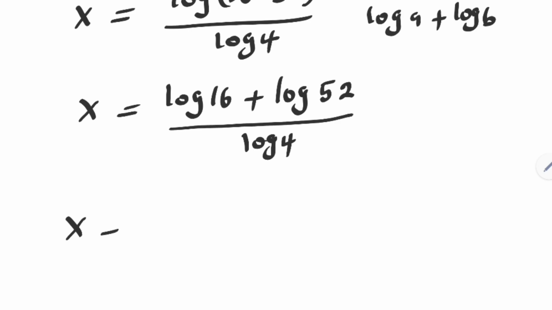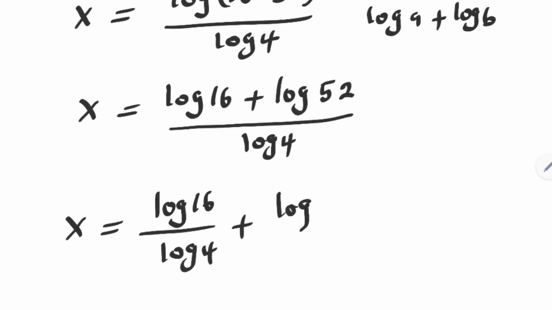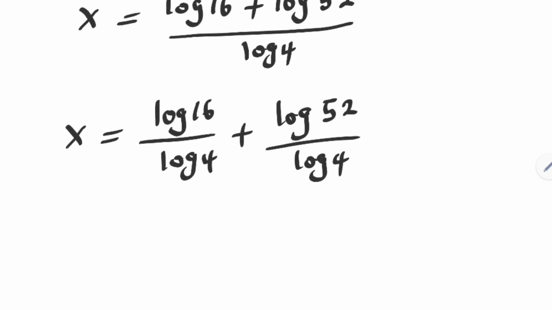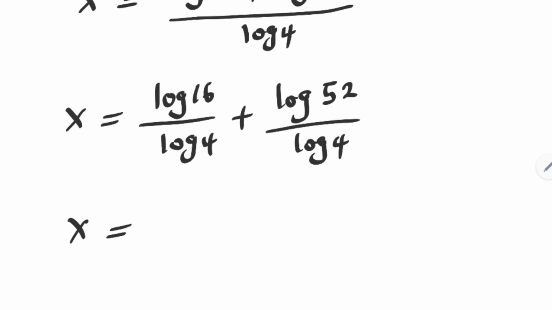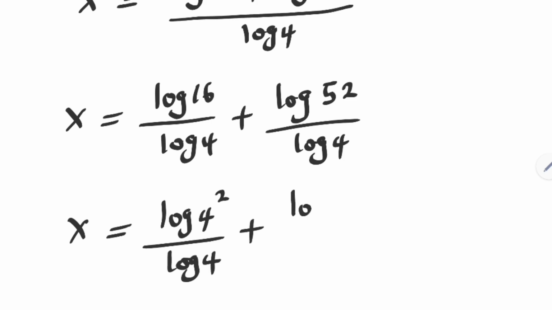Then x is equal to, if we split this, we have log 16 divided by log 4 plus log 52 divided by log 4. x is equal to log 16 can be written as log 4 square divided by log 4 plus log 52 divided by log 4.